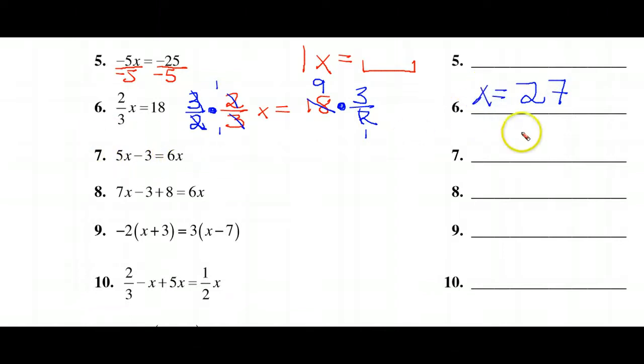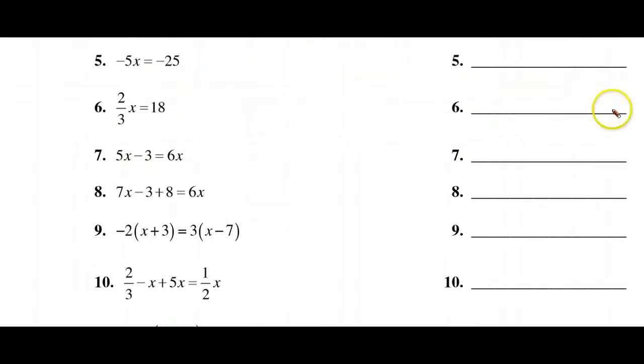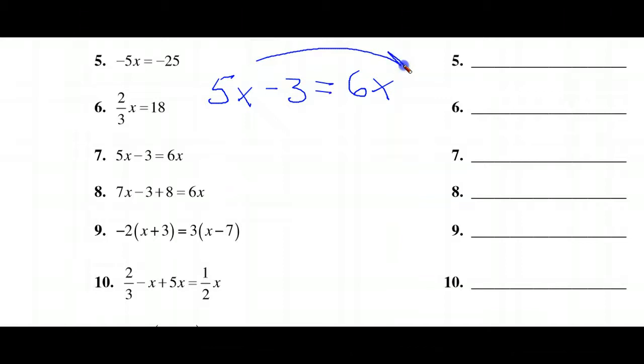Now for number 7, what we want to do is get all the x's on one side. And we want to try to keep our x's positive. That way we don't have to worry about dividing by a negative. So we had taught you the technique of taking a term from one side of the equation and transposing it to the other side.